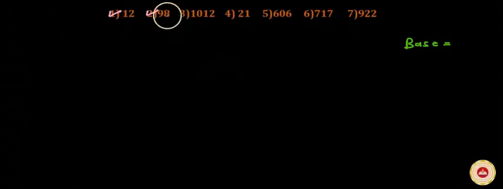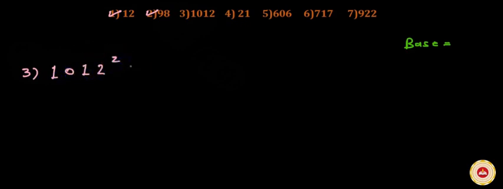Third example, 1012 squared, which is equal to. See friends, let us first identify nearest base. What is nearest base for the given number 1012?